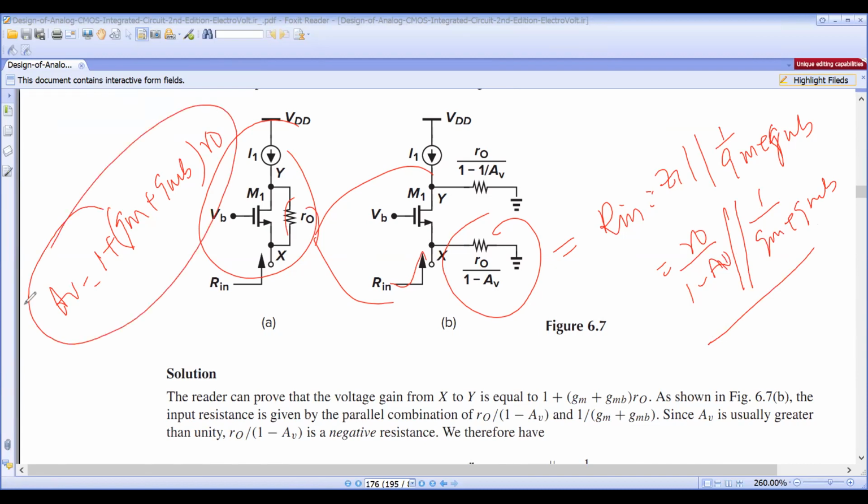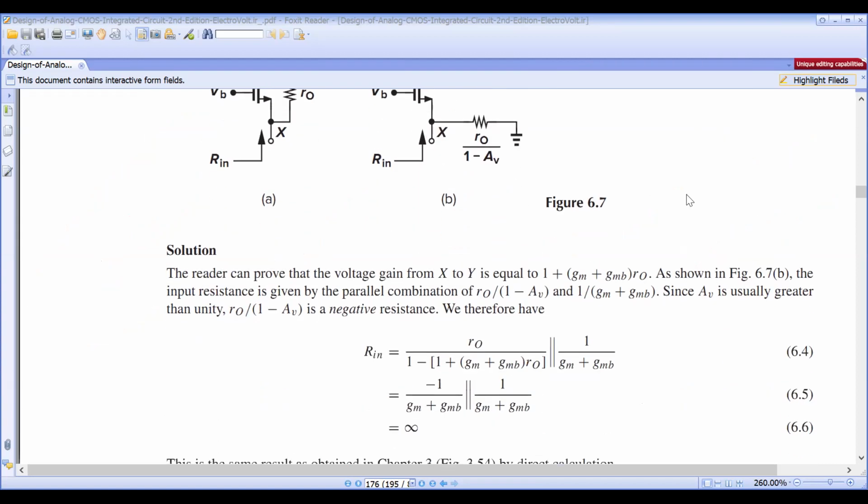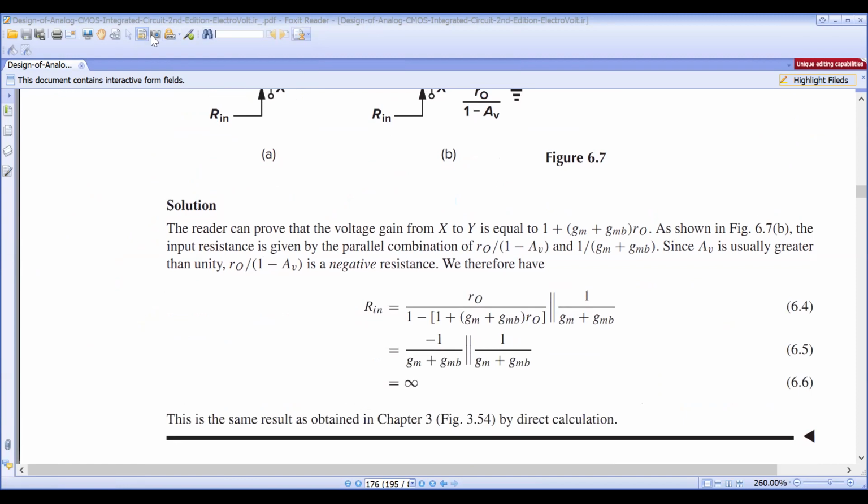Substitute this value. In the gain value, 1 plus (gm plus gmb) into r naught, this 1 is very small compared to this term, so you can neglect it. Then this r naught and this r naught cancel.